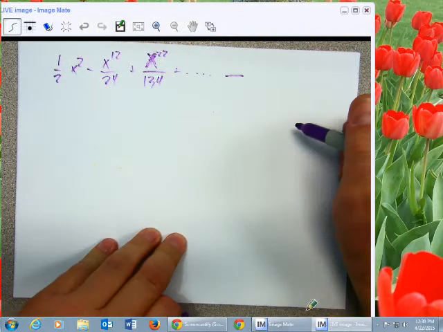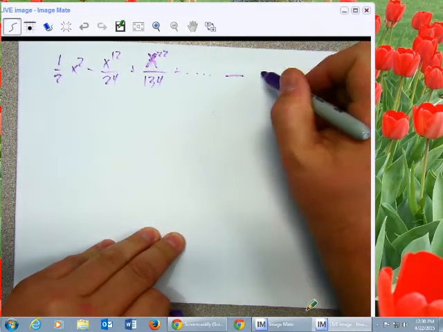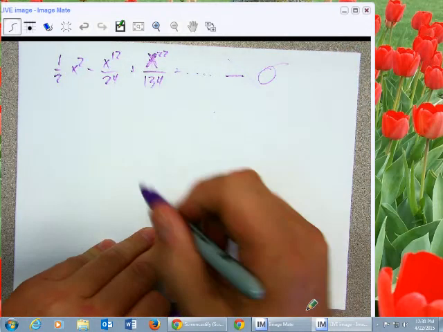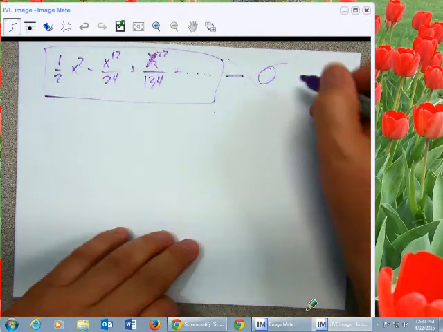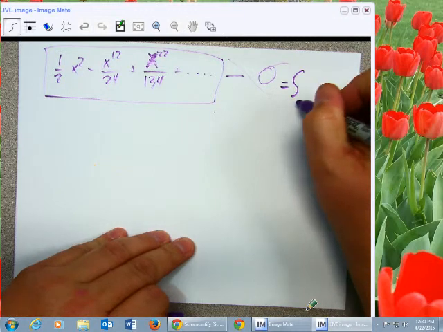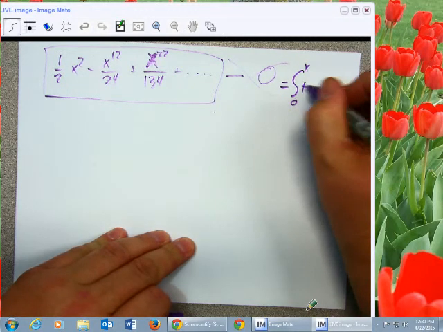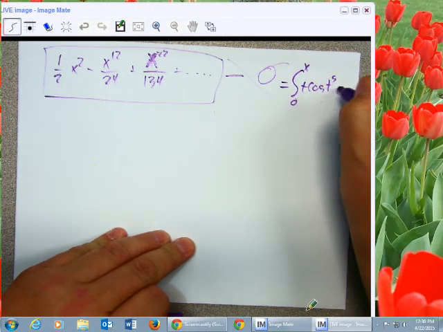But since there's a t in every term, it's going to be minus 0, so that entire section goes away. We now have a power series that represents the integral from 0 to x of t cosine t to the fifth dt.